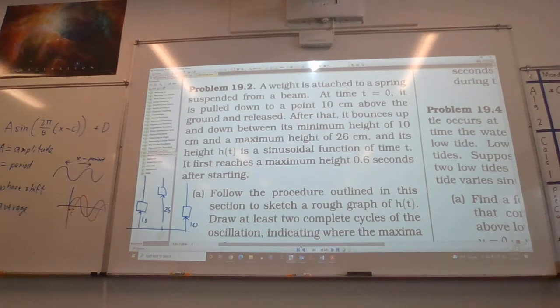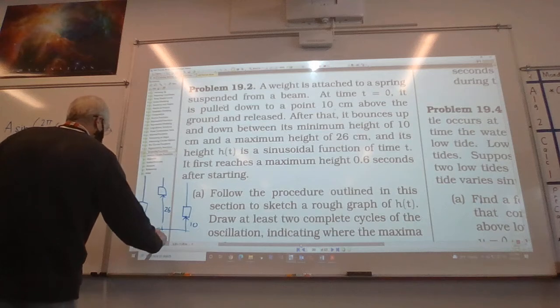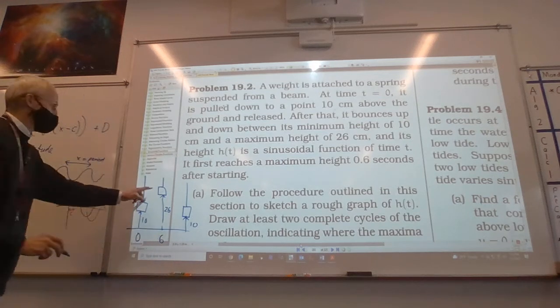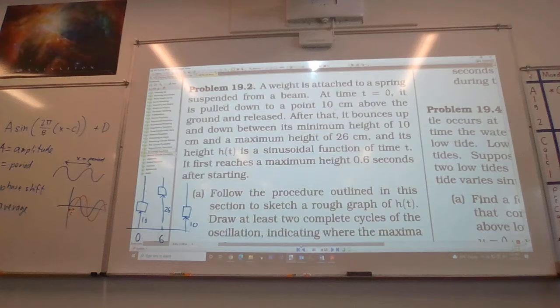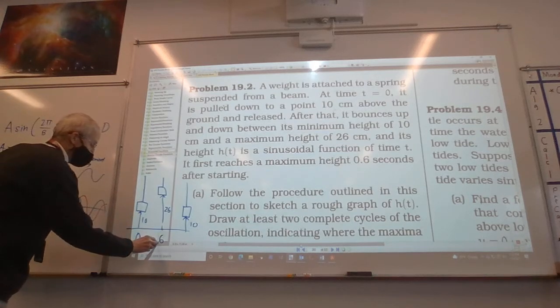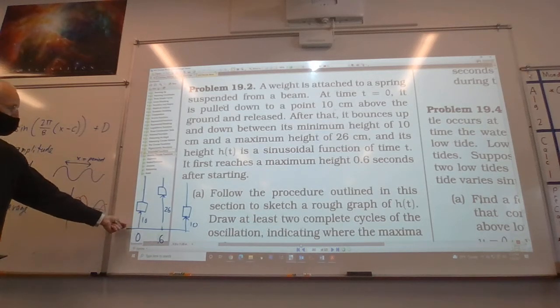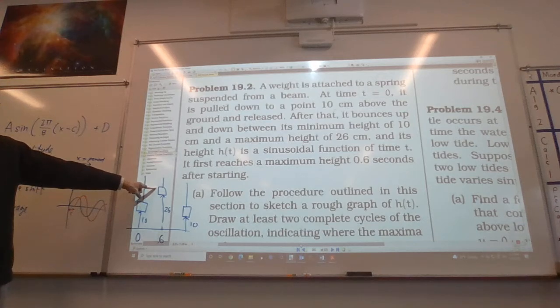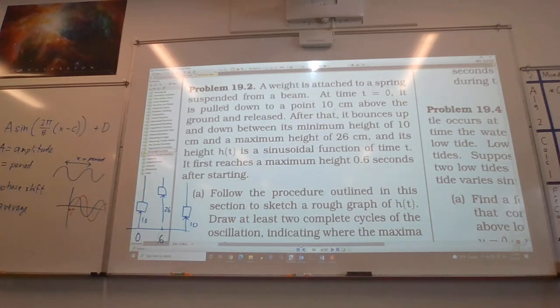It first reaches a maximum height 0.6 seconds after starting. So this is time 0, and it reaches its maximal height at 0.6 seconds. You pull it down, let it go, it bounces up to 26 in 0.6 seconds. What else do we know?